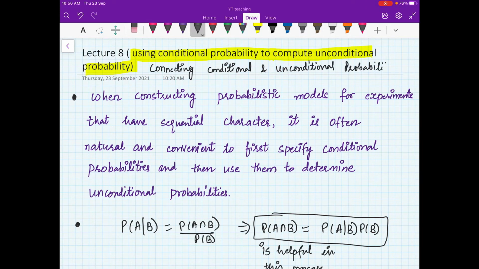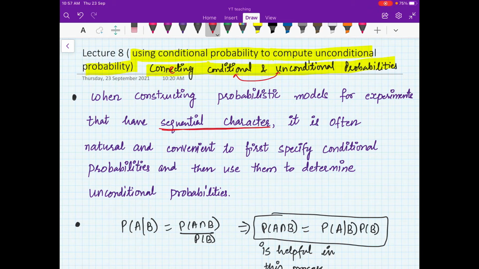Not in every type of experiment would you be able to connect them, although there may be some relation between conditional and unconditional probabilities. But when your experiment is of some particular type, this connection is easy. What is that type of experiment? If your experiment has a sequential character, meaning you can list the outcomes of the experiment in the form of a sequence.